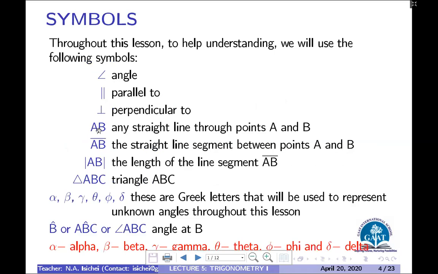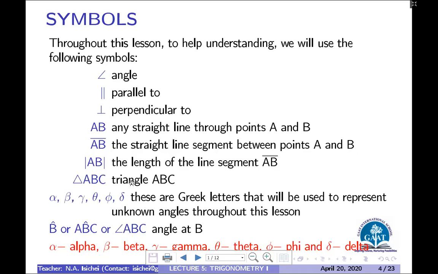When you write AB, two letters, throughout this lesson, it means any straight line through points A and B. A bar over AB simply means the straight line segment between points A and B. The absolute value of AB in this lesson means the length of line segment AB.